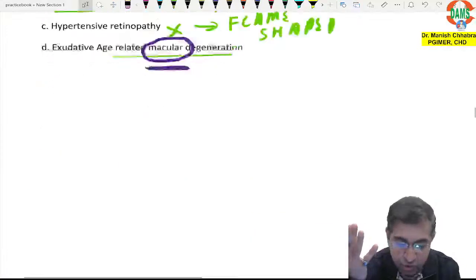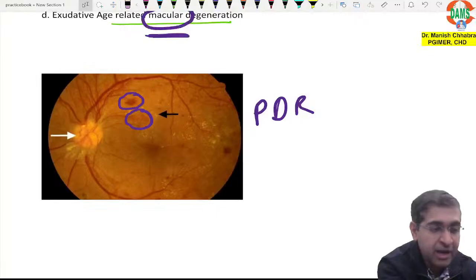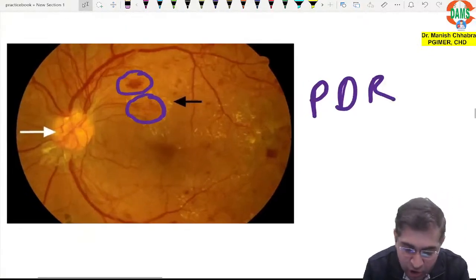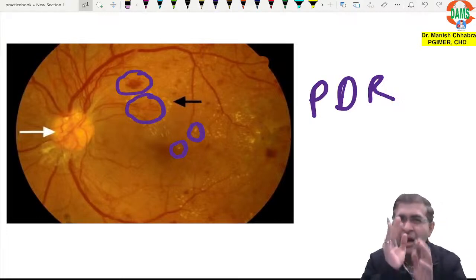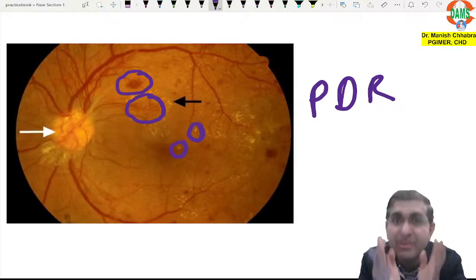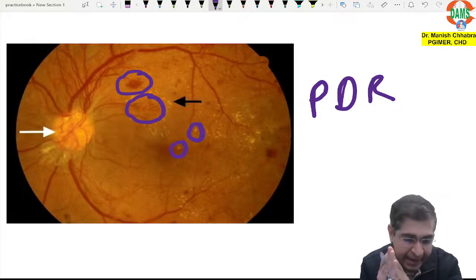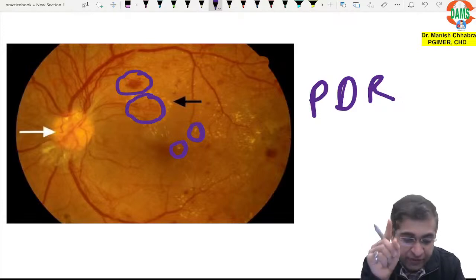But here you could appreciate that the vessels are regenerative, right? You could appreciate, okay, and you can see small dots like this. So what is the difference between hard exudates and soft exudates? Soft exudates have fluffy margins and they are yellow white in color. Yes, and hard exudates are pale yellow in color and they have defined margins.